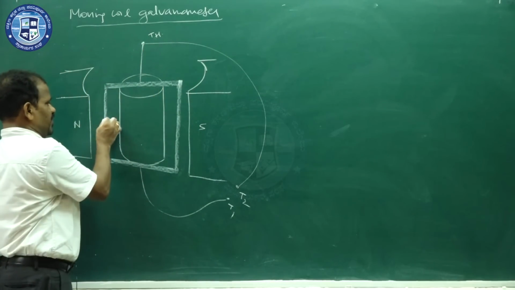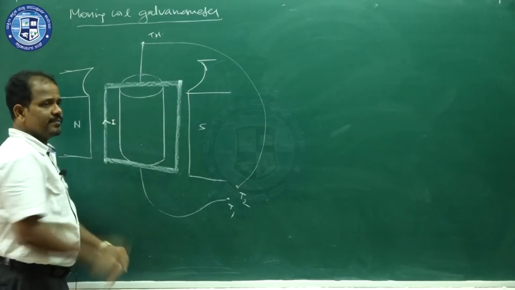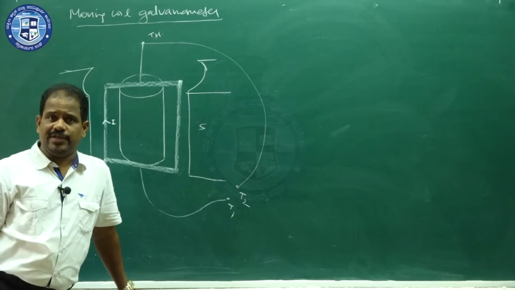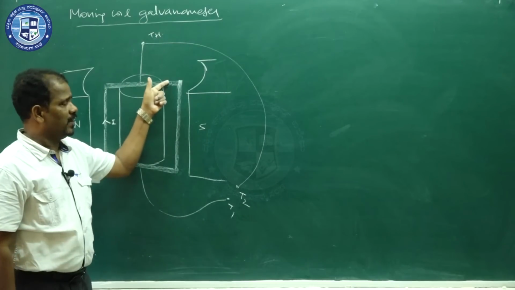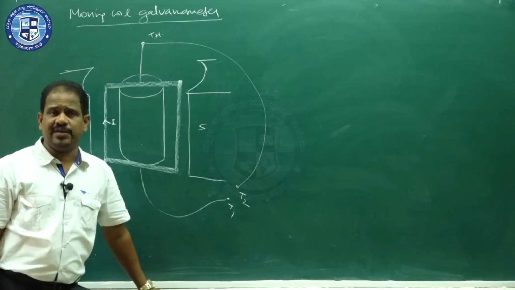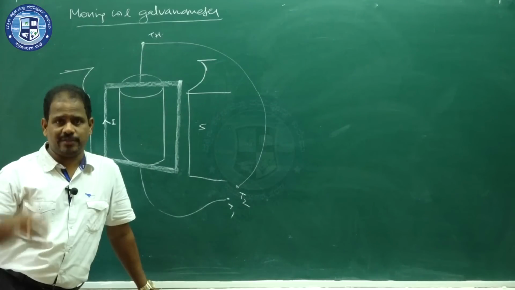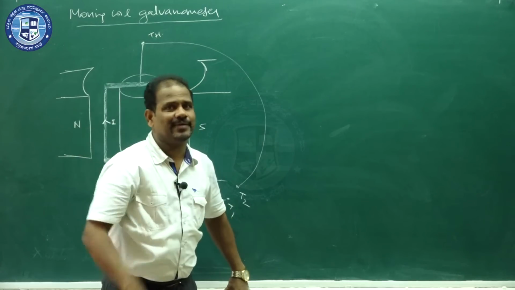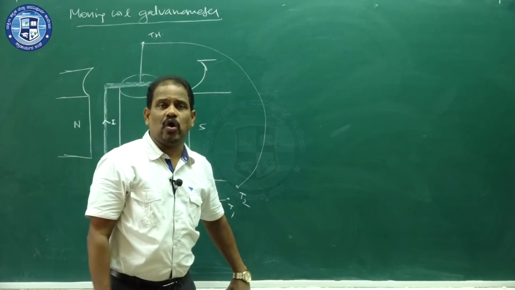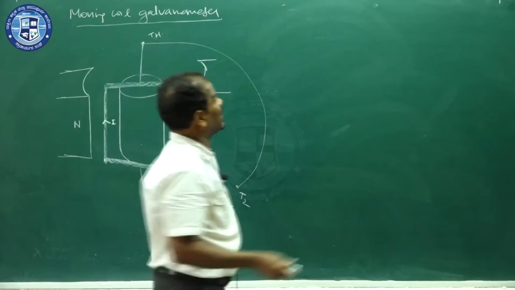The current flowing, let it be I. We know the theory: a current carrying coil kept in the magnetic field experiences a torque. Because of that torque, the coil rotates. That torque we call a deflecting couple.